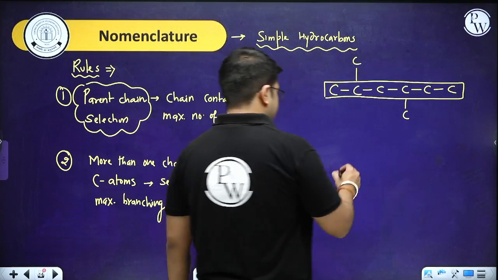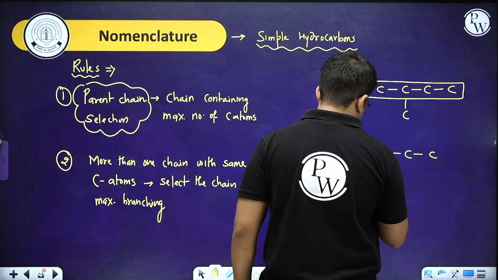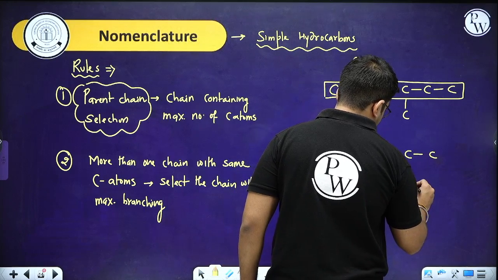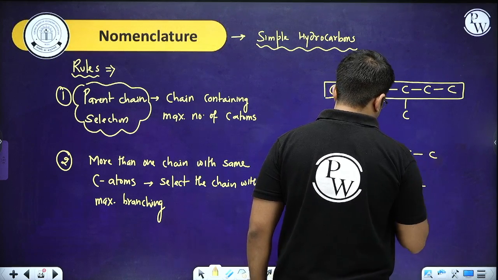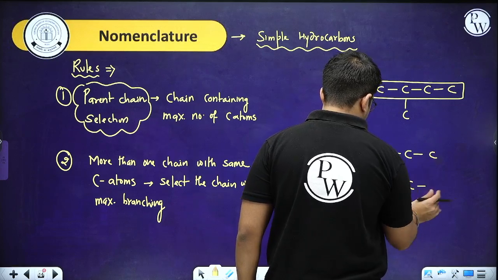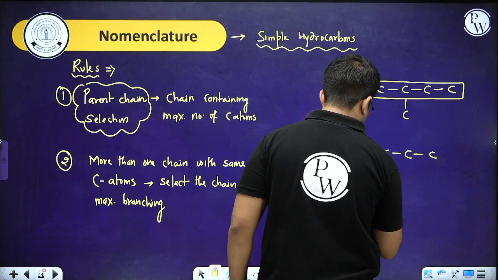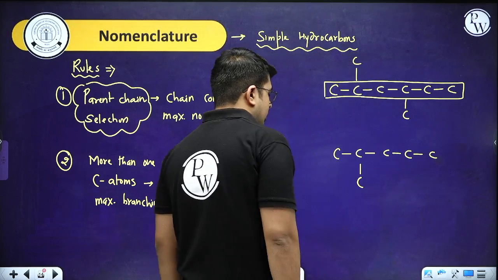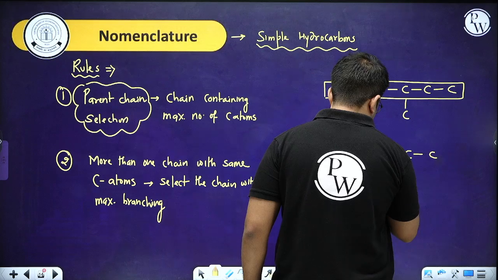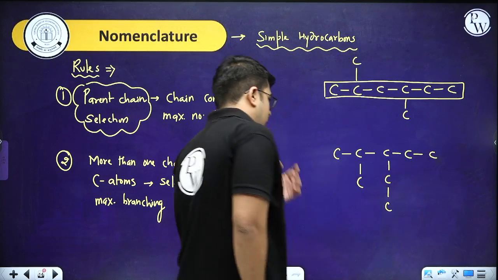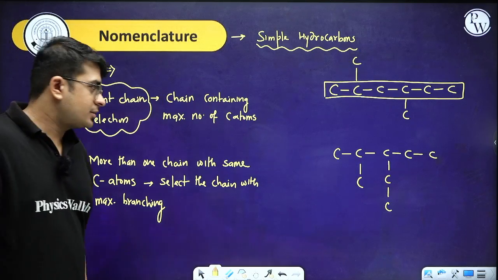Now next part, let's say we have carbon, carbon, carbon, carbon, carbon, like this. Let's say this is the possibility.